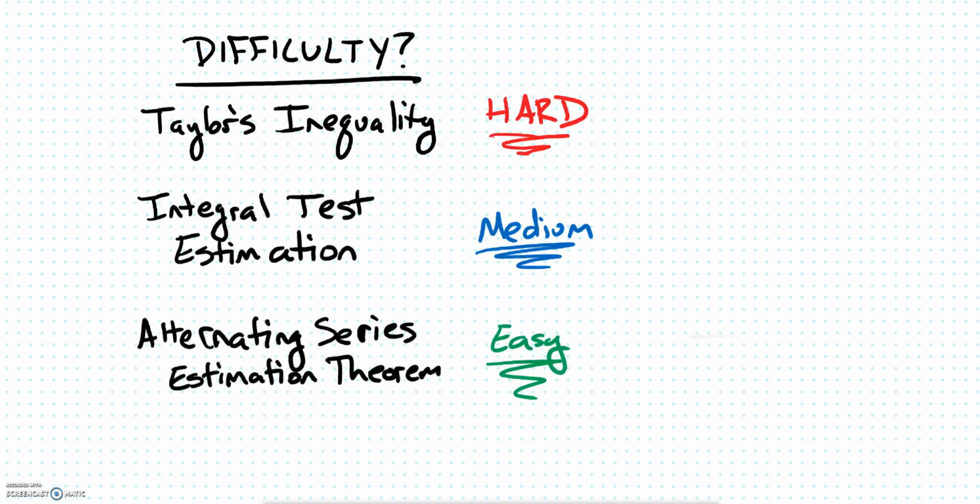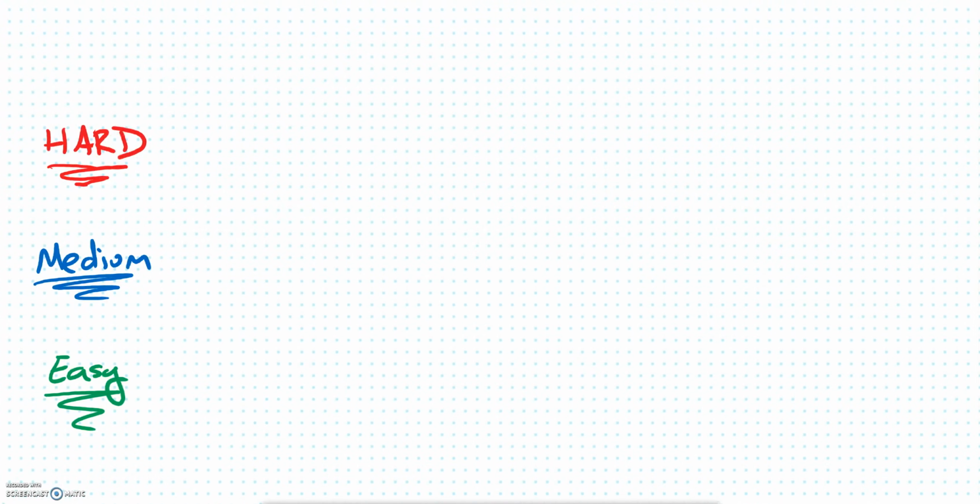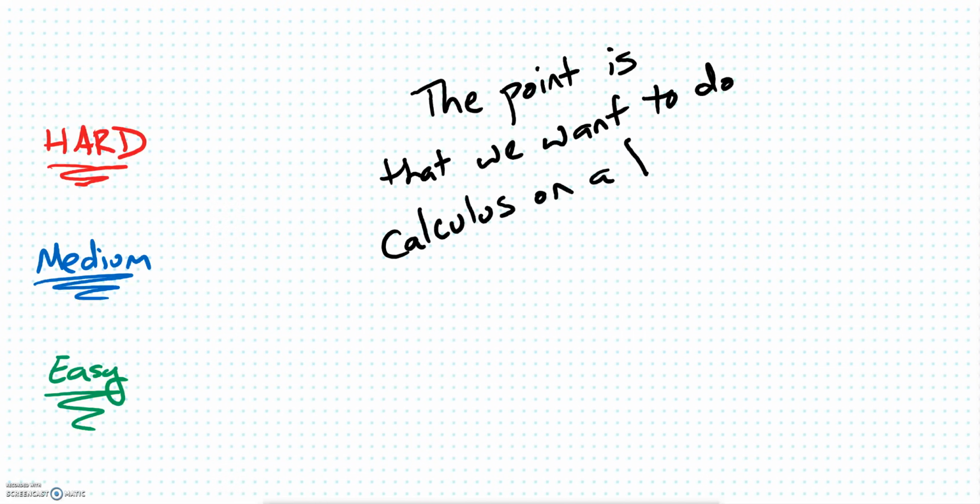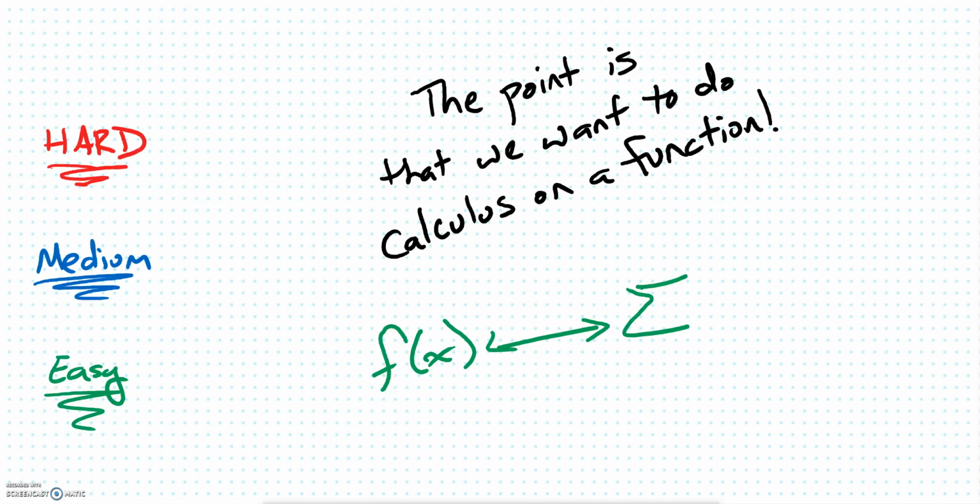So, just to round out everything, what's the point? The point of all of this in sequences and series is that we want to do calculus on a function. But if we can't do the calculus on the actual function, then let's turn it into a series.